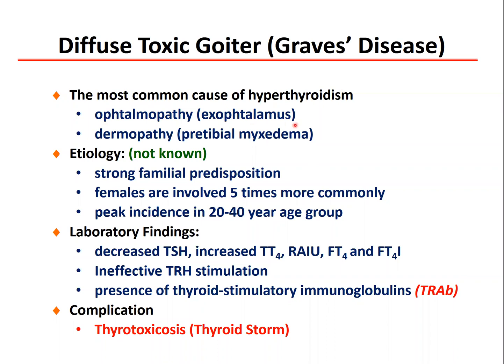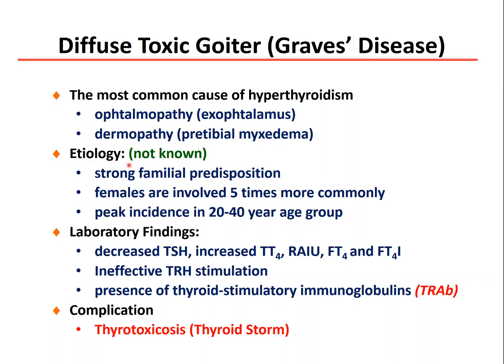This is exophthalmos. Dermopathy can be seen as pretibial myxedema. It occurs only in the pretibial area, meaning that immunologically this pretibial subcutaneous area can be similar to the TSH receptors.